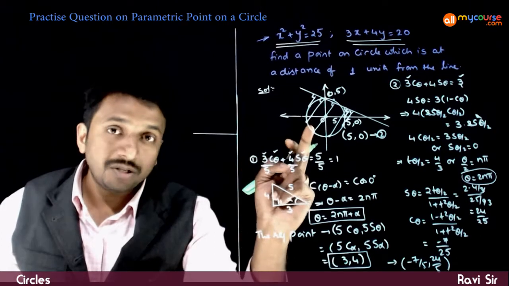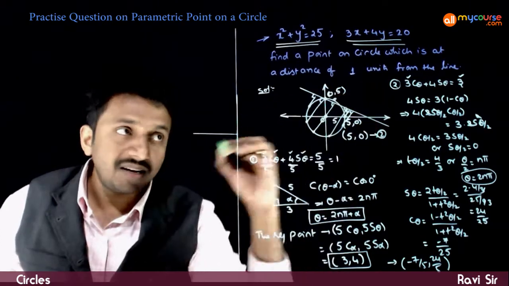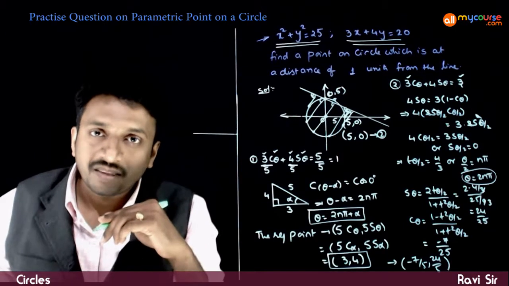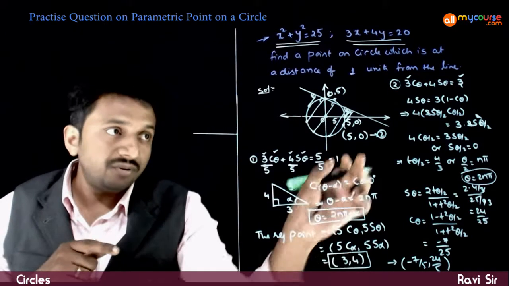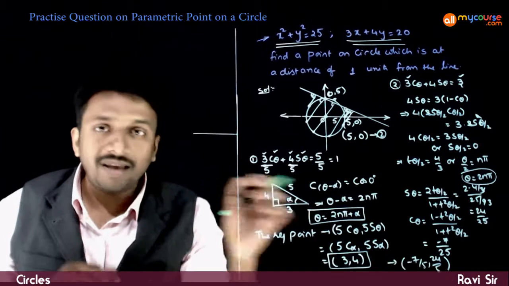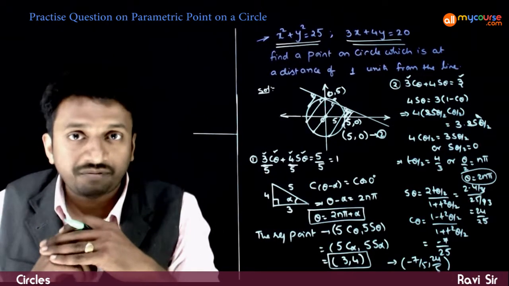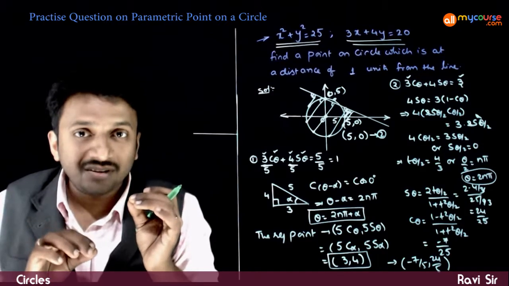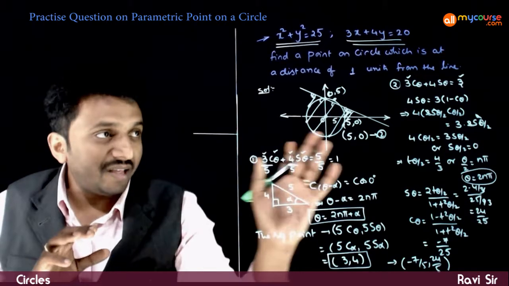So from the diagram also you can see you have one point on this side, and 2 symmetric points on this side and this side. So the required points are 3, 4, 5, 0 and minus 7 by 5, 24 by 5. So using the parametric form of the point, we have solved this question.